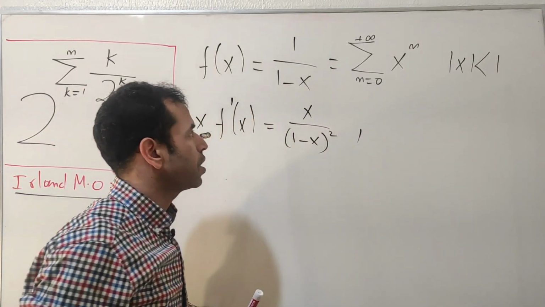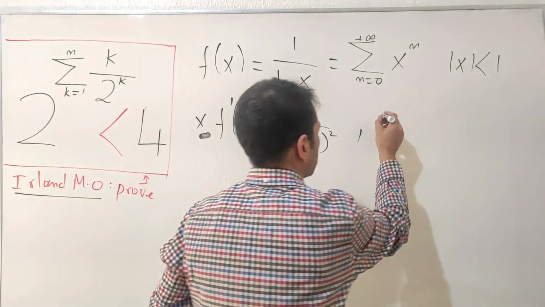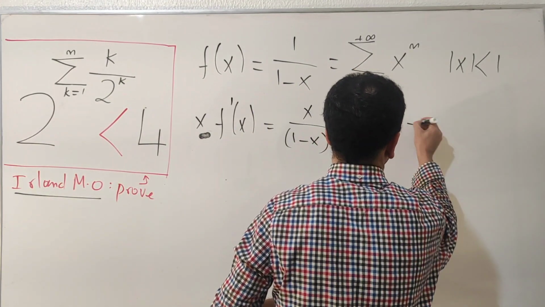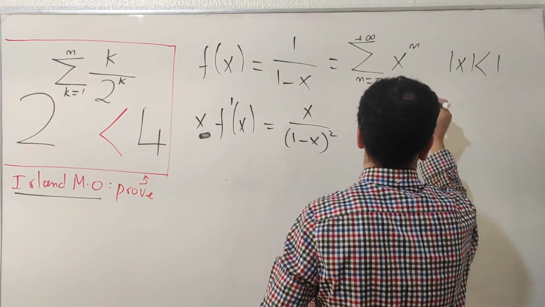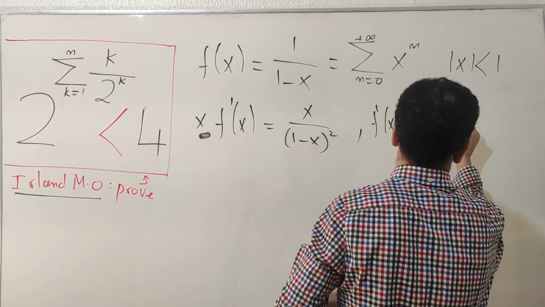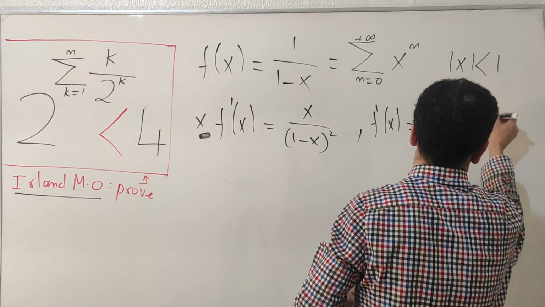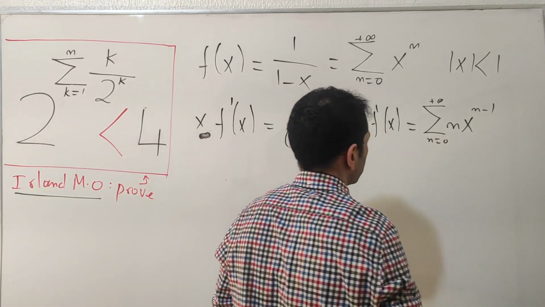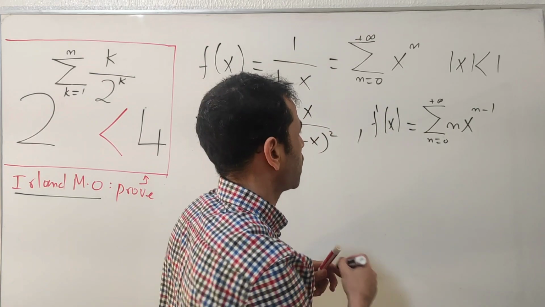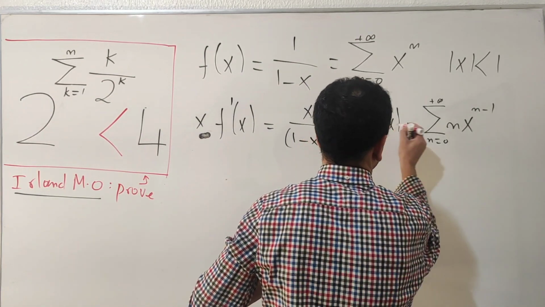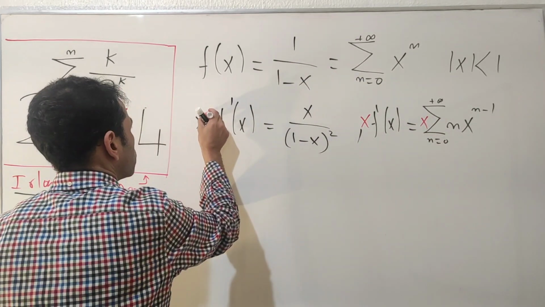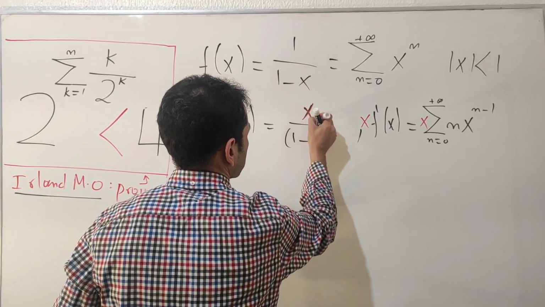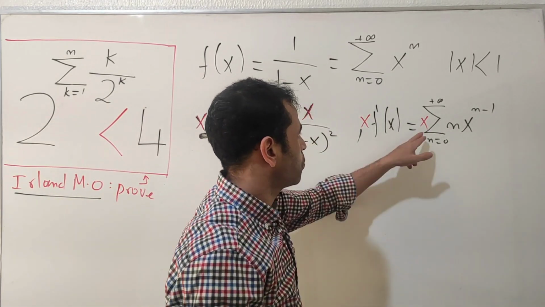On the other hand, I'm going to differentiate this one. You get f prime of x, which equals the sum of n multiplied by x to the n minus number 1, as n goes from 0 to plus infinity. Then multiplying both sides by x, I put this x inside.